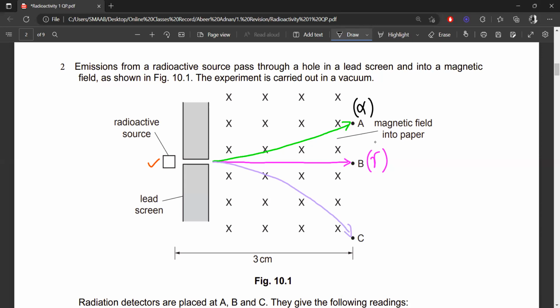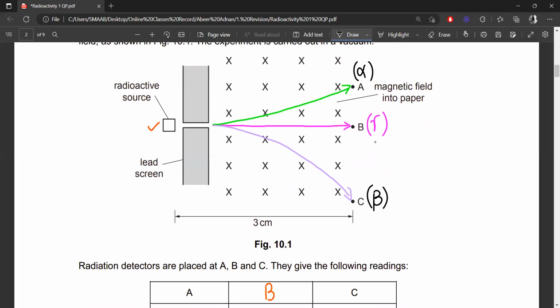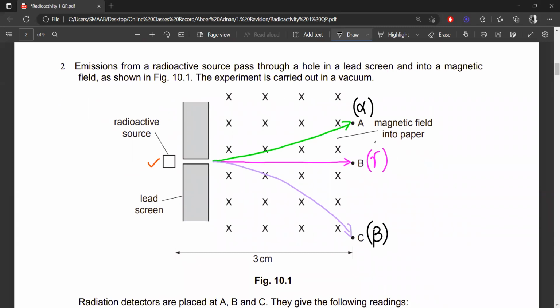So at point A we are receiving alpha, and at point C we are receiving beta. Any confusion? Beta is a fast moving electron, and the mass of an electron is less than the helium nucleus, so it will deflect with a greater angle, right? Okay, so we identified these radiations, and that will help you write the answer.